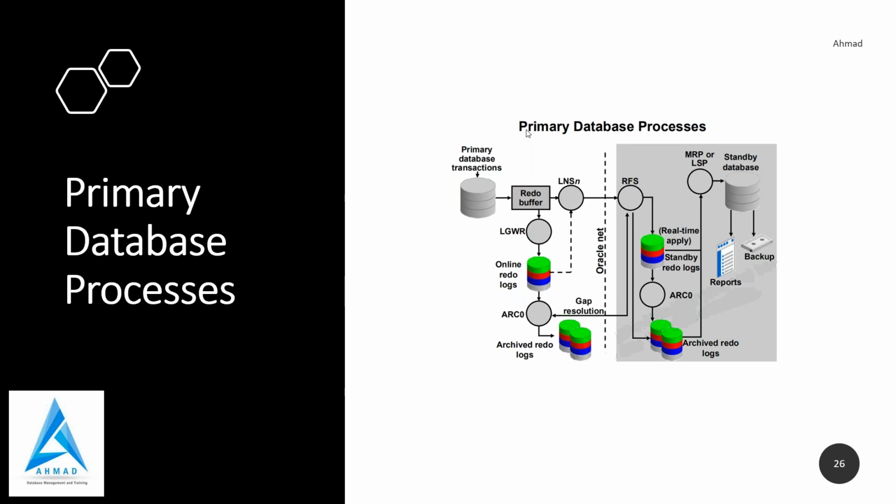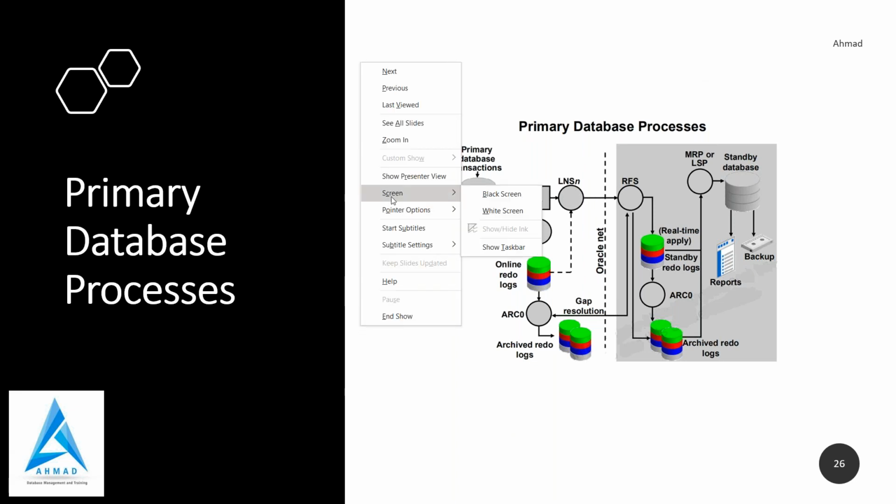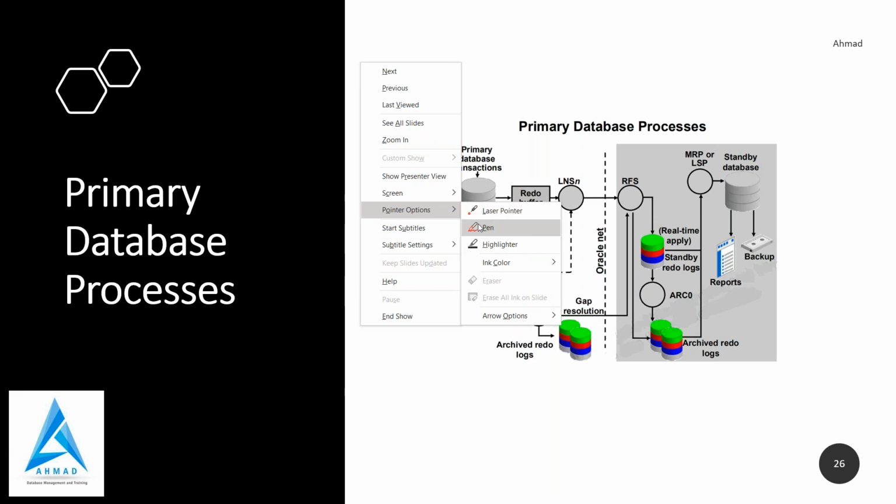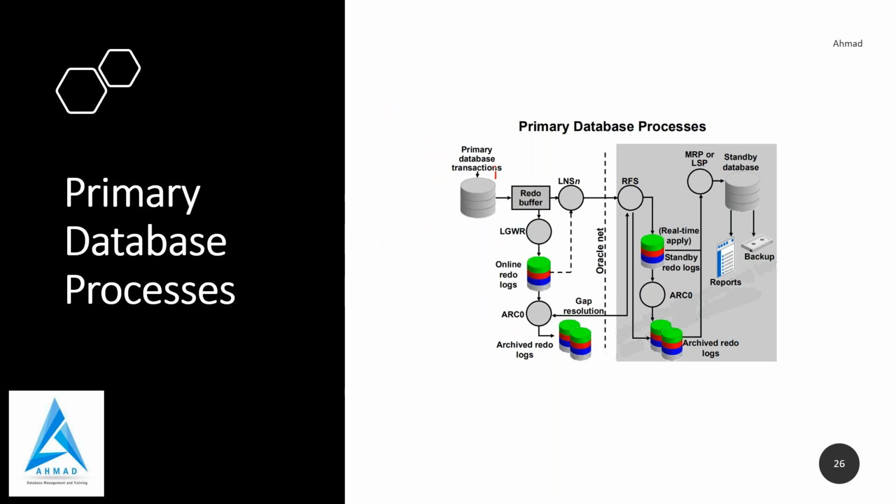See, when a transaction happens, just a second, I'm opening a pen, a pointer. See, when a transaction happens, redo is generated. Redo is stored in the redo log buffer, and from the redo log buffer, the data is directly taken by the LNSn process, and the LNSn process gives it to the RFS.